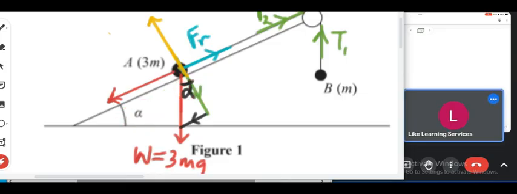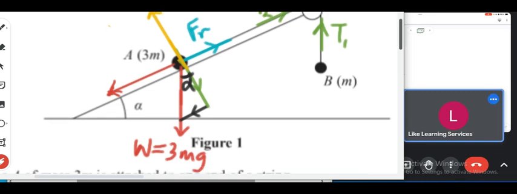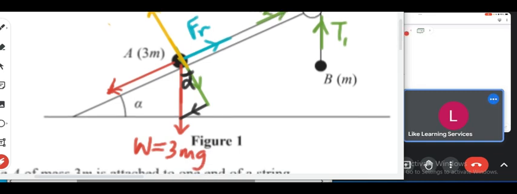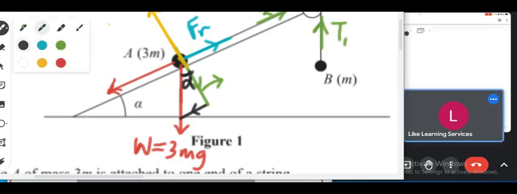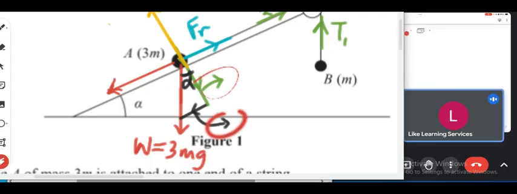Okay, so if weight is 3 mg, what's the value of this one, in terms of the weight? And what's the value of this one in terms of the weight? The green and the black. Give me those two components that we've resolved.